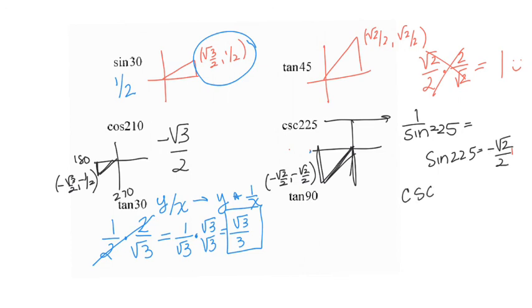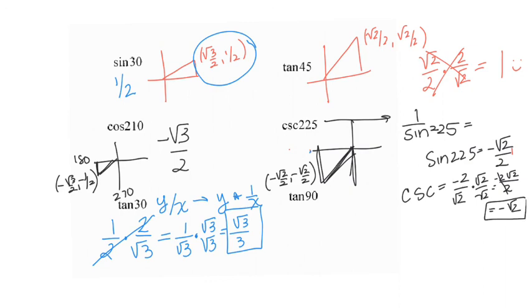To get cosecant, I need to flip it, so negative 2 over the square root of 2, and then rationalize your denominator. So I get negative 2 square roots of 2 over 2, and look what would happen here. I just get the negative square root of 2 as my answer.